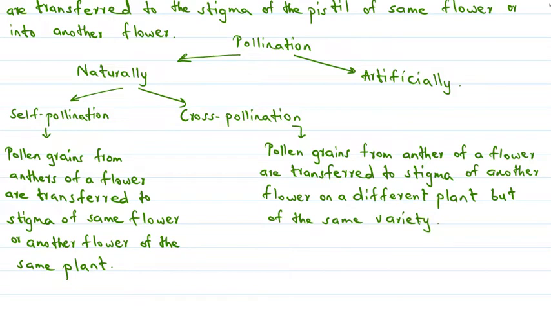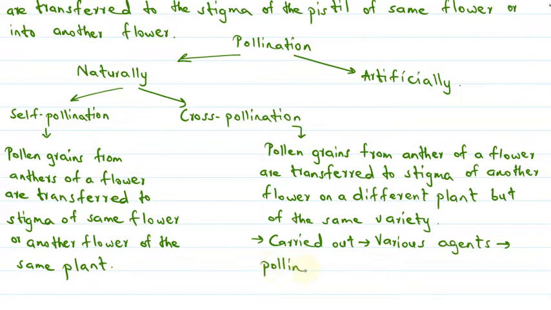Cross-pollination can be carried out by various agents. These agents which carry out cross-pollination are known as pollinating agents.